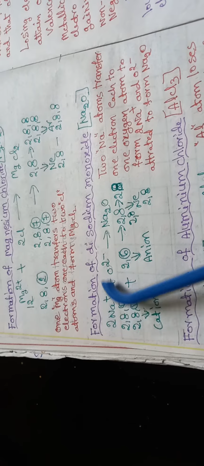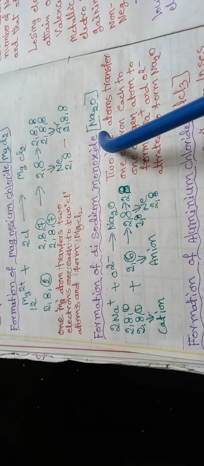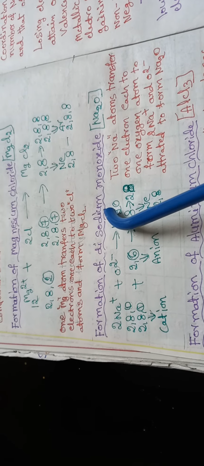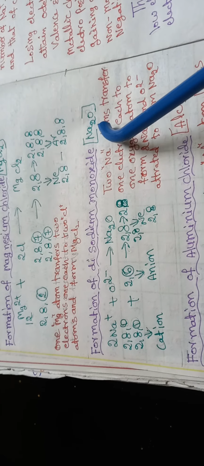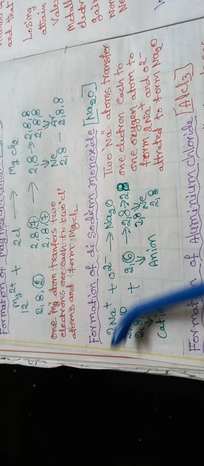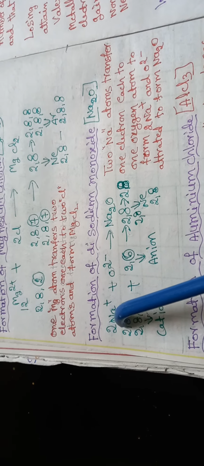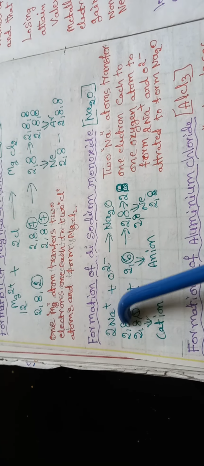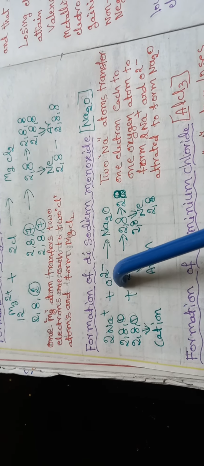Next, formation of disodium monoxide. Formula Na2O. Disodium means 2Na, two atoms of sodium, plus O2-.